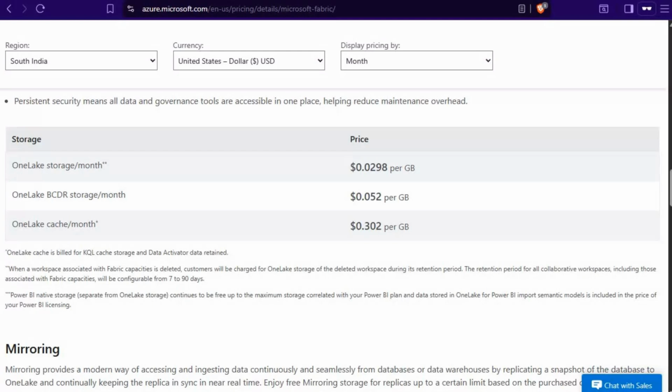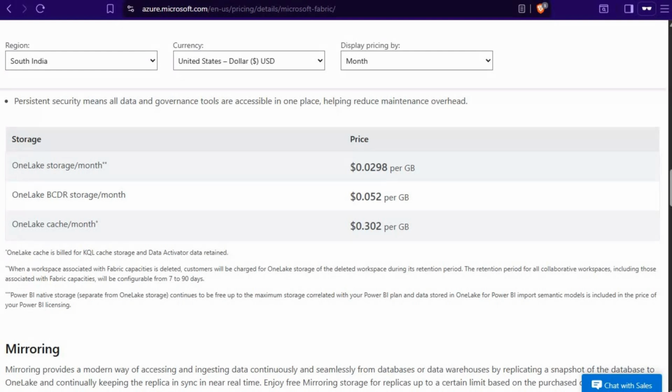Data in OneLake that is directly related to Power BI, for example, the data backing an imported Power BI dataset, is included in your Power BI license cost, meaning you won't be double charged for that in Fabric. In short, your Power BI licensing still covers Power BI scenarios even when they occur in Fabric.